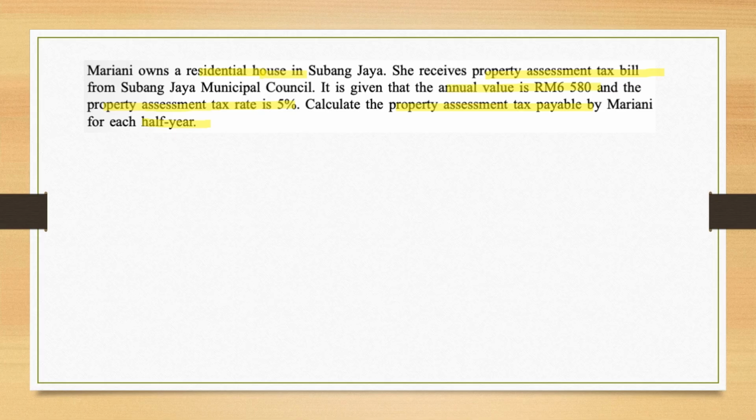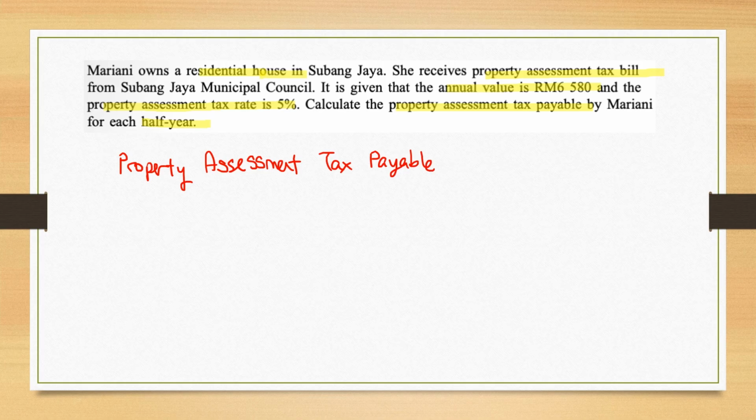Property assessment tax payable would be, and you still remember the formula, the property assessment tax rate. So I call this PAT. Property assessment tax rate times your annual value.